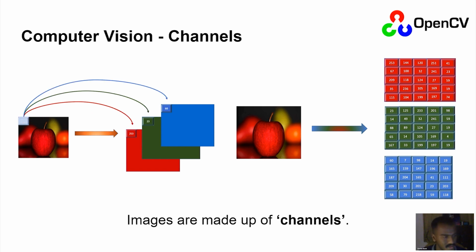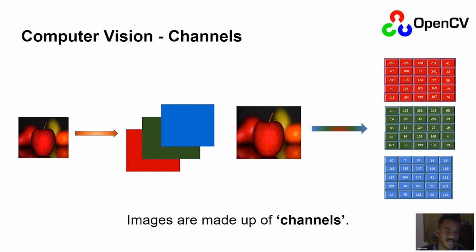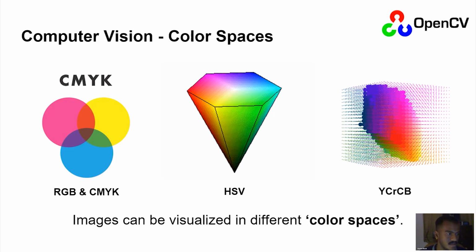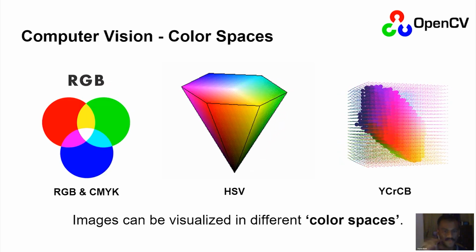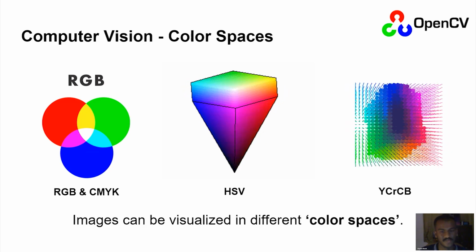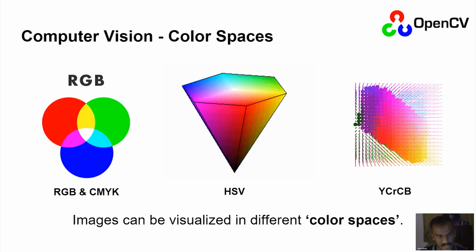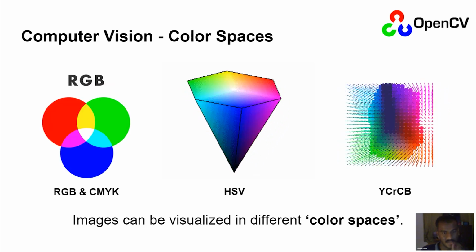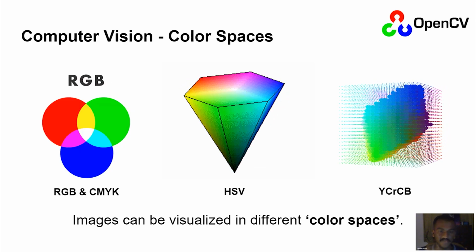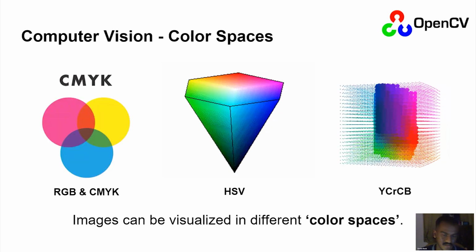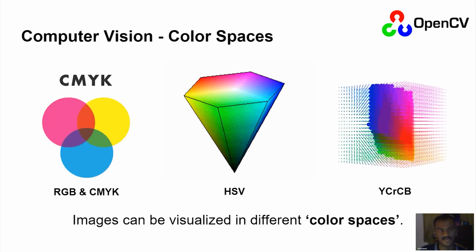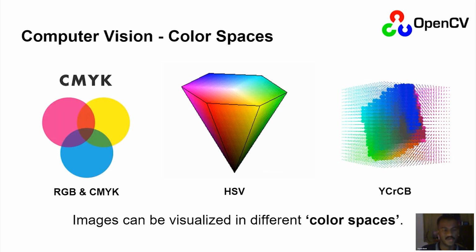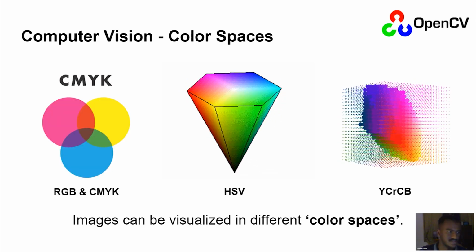All right. So images are made up of channels, and these channels can contribute to multiple spaces, which we call color spaces in computer vision. Images can be visualized in different color spaces. In the current generation, we have close to 4 to 5 different color spaces, but in this presentation, I'll be showing you 4.